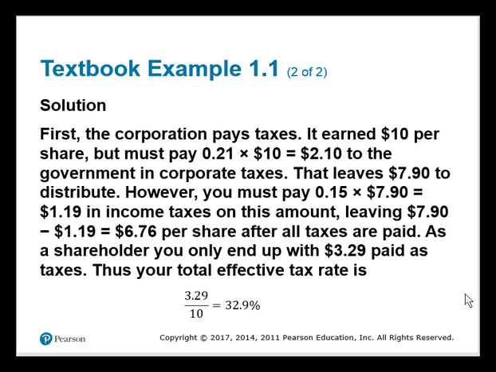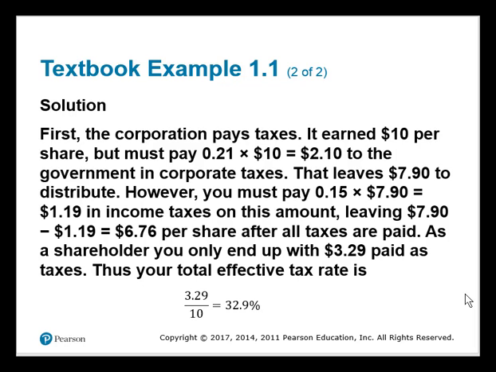The corporation pays taxes on $10. 21% of that is $2.10. Of course, that leaves $7.90 to distribute. Again, the individual has to pay 15% on that. So 15% of that is $1.19.